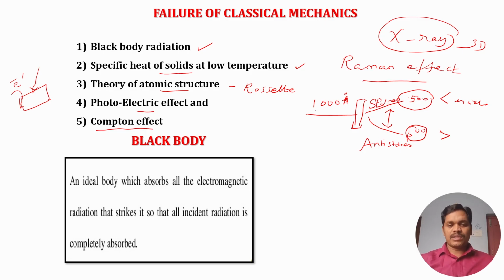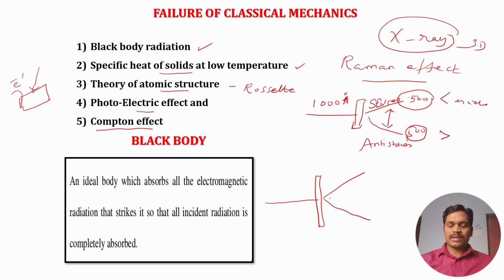The same concept is useful in the Compton effect in the same way. If you take a three-dimensional solid like a crystal, again an X-ray photon is incident on the substance, it undergoes scattering and consists of some additional components. Like the Raman effect, here also it consists of some additional components in the Compton effect.